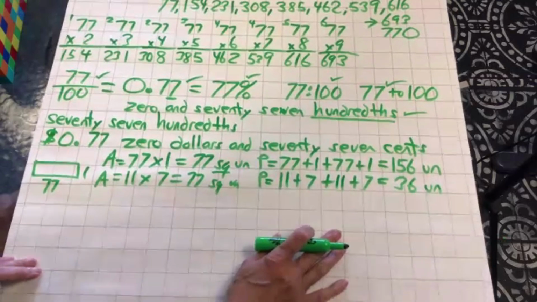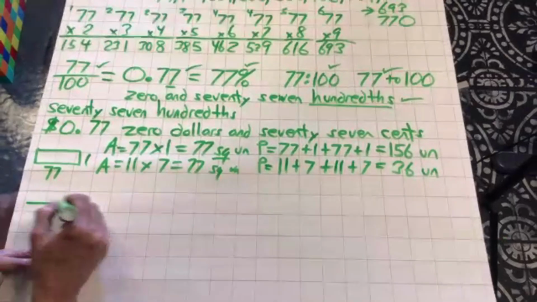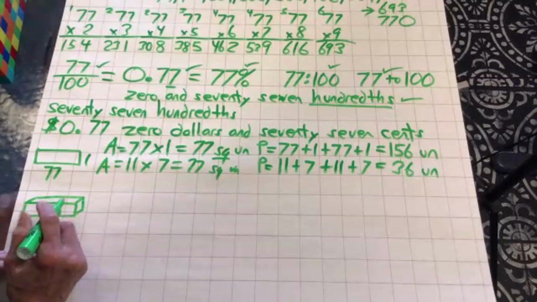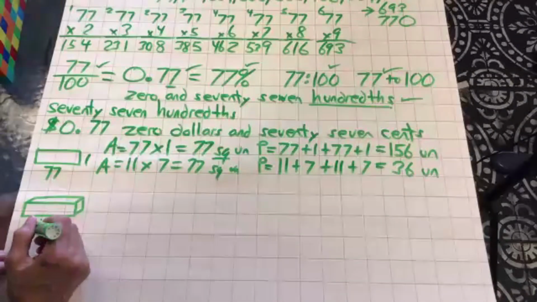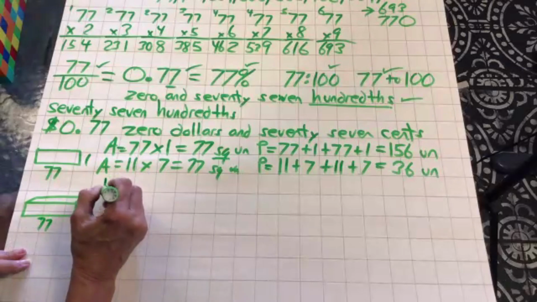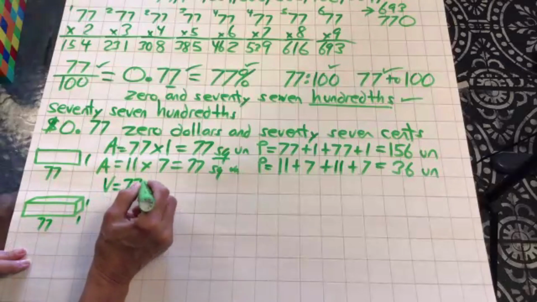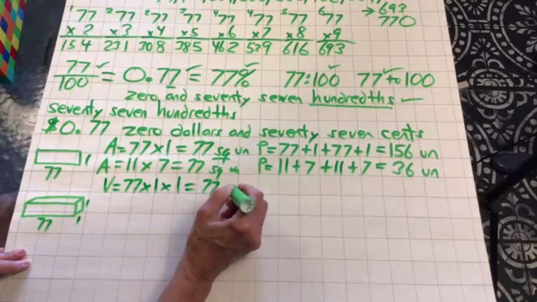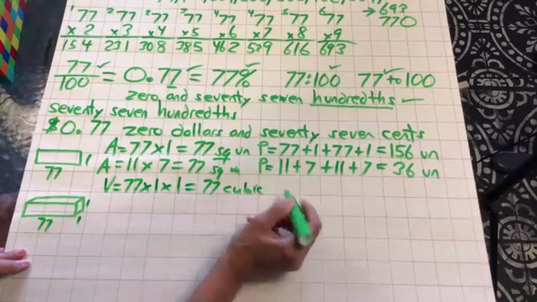Let's go on to volume. So if I have a rectangular prism, a rectangular prism is a rectangle that has depth. So we have 7 by 11 by 1. So we have a 7 wide by 1 deep by 11 tall equals 77 cubic units.